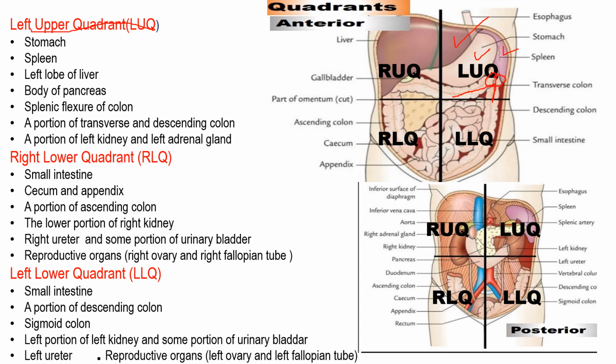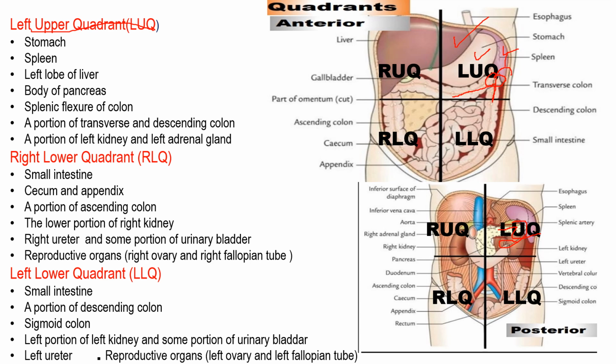As this point is near the spleen, that's why it is named as splenic flexure of colon, just like hepatic flexure of colon. And when we see from posterior view, then left kidney with the left adrenal gland and body and tail of pancreas are present in left upper quadrant.